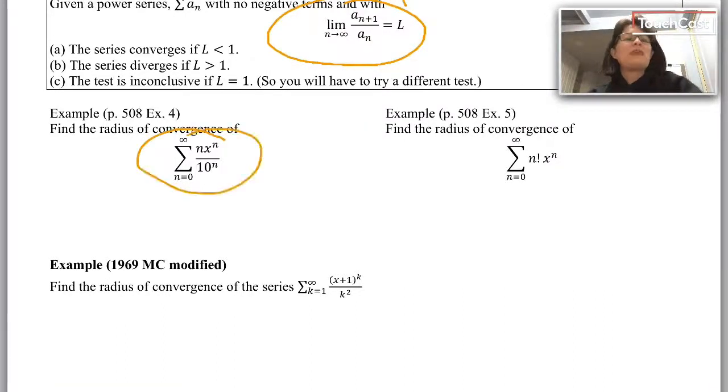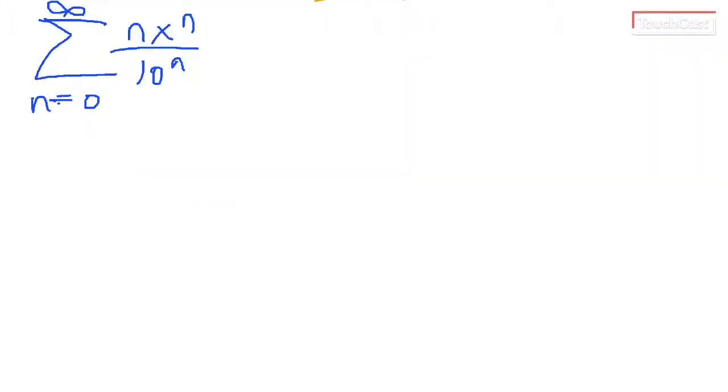So I'm going to find the radius of convergence for the sum of n x to the nth over 10 to the n. In retrospect, when I write out the ratio test, I might put the absolute value bars in. What typically happens here is we use the ratio test to check for absolute convergence.